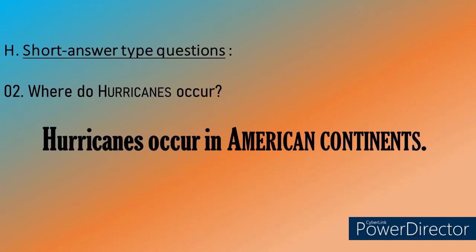Then second question, where do hurricanes occur? As we learned in the lesson, cyclones are classified into different types based on the place where they occur. There are some cyclones which occur in USA, there are some which occur in China. Based on that, various names are given, like hurricanes, tornado, typhoon, depression, etc. Here they are asking, where do hurricanes occur?